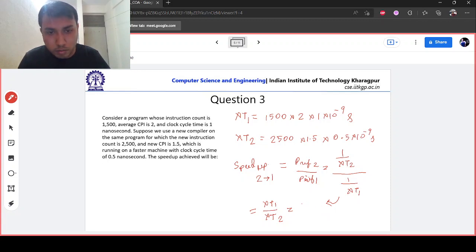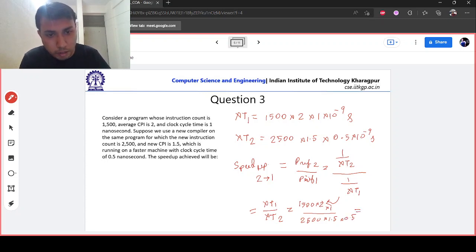So let's simplify it a little bit. So 1500 into 2 to 1 divided by 2500 into 1.5.